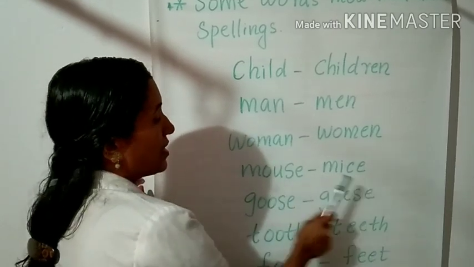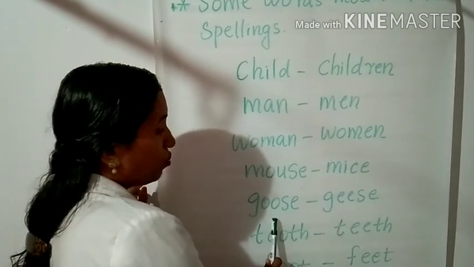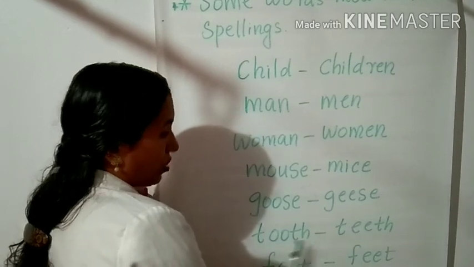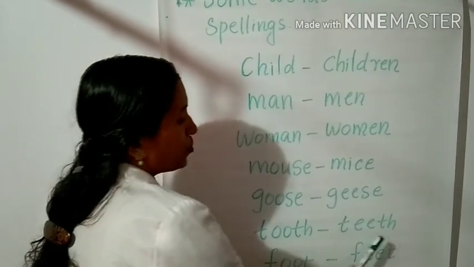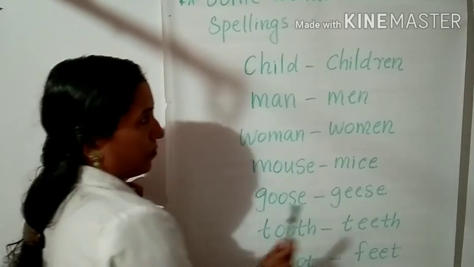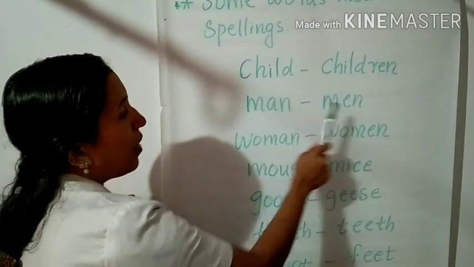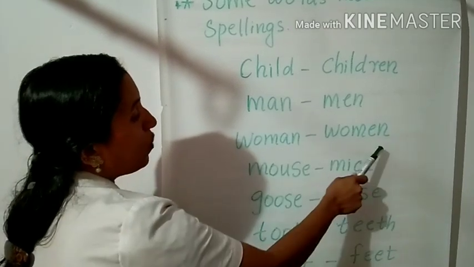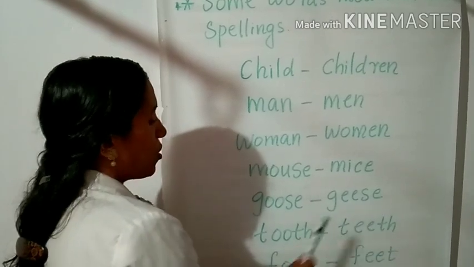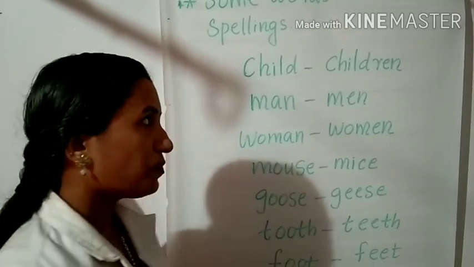Mouse, mice. Mouse is singular, mice, plural. Goose, geese. Tooth, teeth. Foot, feet. Once more: child, children, man, men, woman, women, mouse, mice, goose, geese, tooth, teeth, foot, feet.